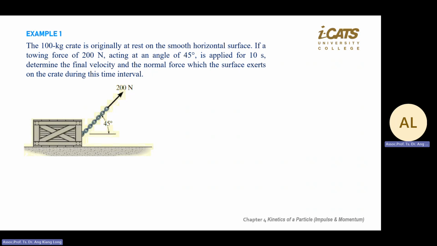You are given a mass of 100 kilograms, originally at rest, you have V1. On the smooth horizontal surface means there's a contact force there, a normal force. However, there's no friction. So you still need to find the normal force.